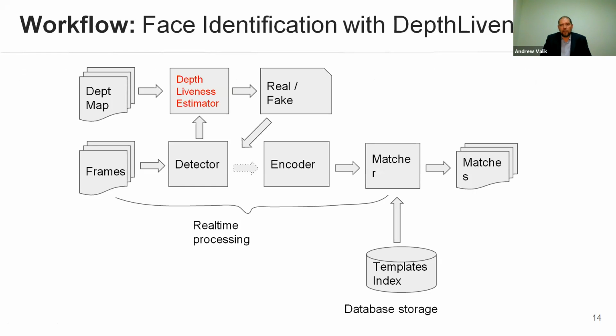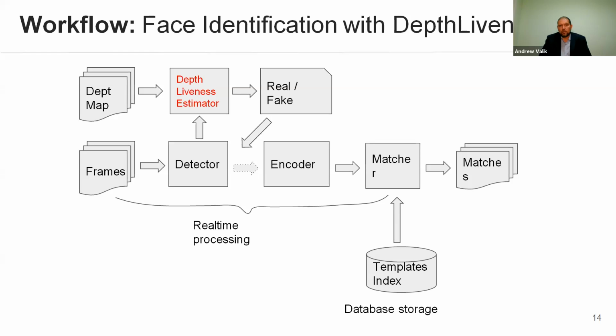And this is the workflow with depth liveness. After the detector, you send a raw sample object to the depth LivenessEstimator and receive the answer, real or fake, and depending on this answer you can pass data to the encoder or not.